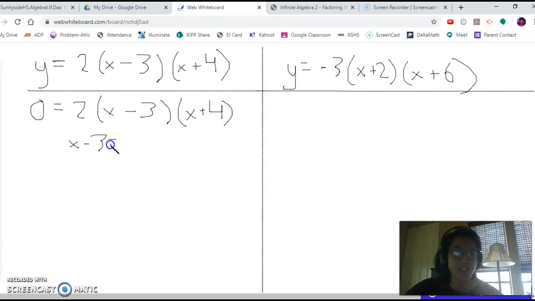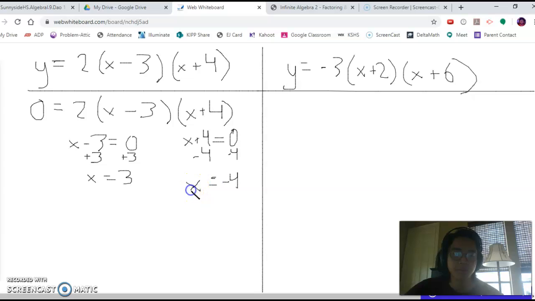So if I set x minus 3 to 0, and if I set x plus 4 equal to 0, I can solve this. Here we have plus 3 on each side, and we're going to get x equals 3. And here we're going to subtract 4 from each side, and we're going to have x equals negative 4.